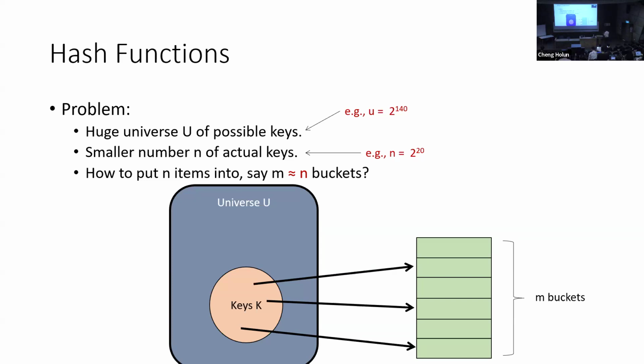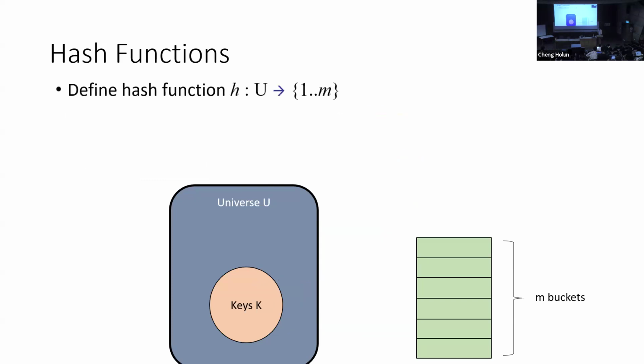So the first thing is we don't need a hotel of 10 million to store you. I want a smaller hotel. How? What is the rule? What is the rule that, based on your key, puts you into a position in the array that I can recognize easily?